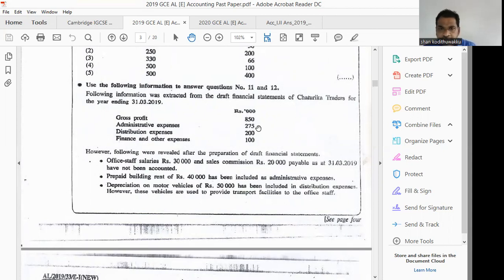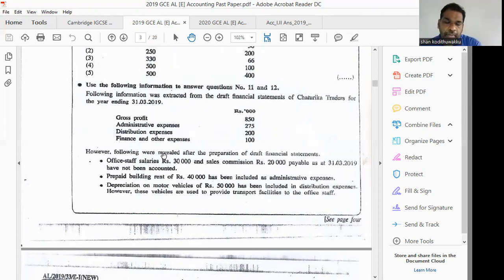Sometimes details are not clear, therefore you have to check. Then, the following were revealed after the preparation of the draft financial statements.